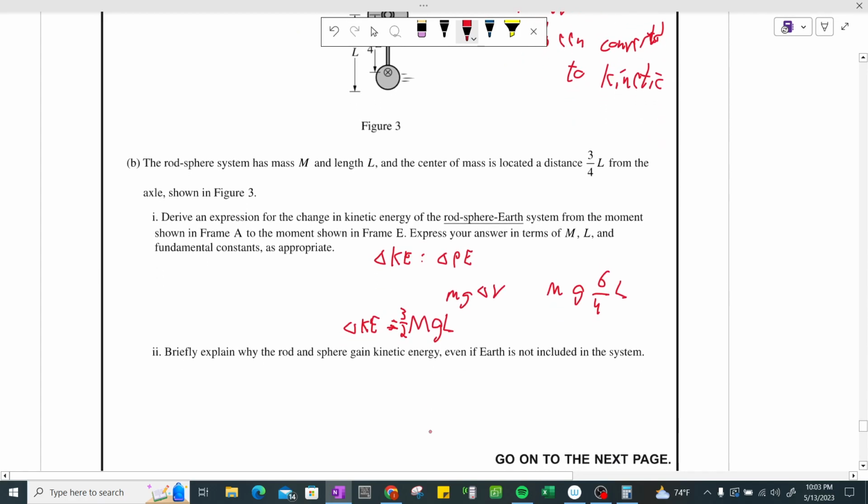And then explain why the rod and sphere gain kinetic energy even if Earth is not included in the system. So the reason I'm specifying that if the Earth's not included, that means that there's actually no potential, because potential is derived from the gravitational force. If the Earth's not in the system, then the Earth doesn't technically have a potential energy. I don't know if we need to go too far on this.